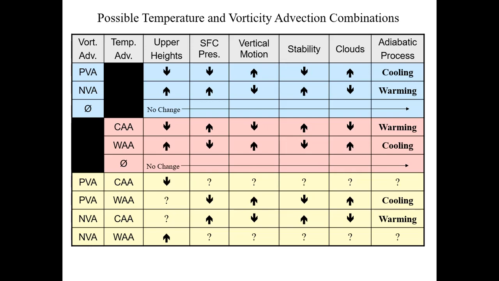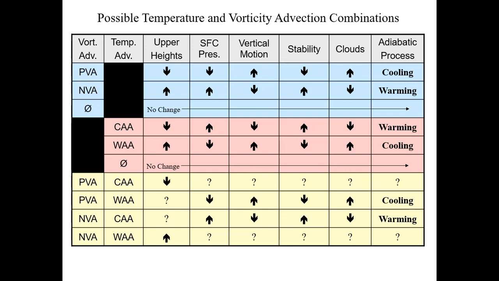So if I have just PVA alone, I'm in the very top row. All right, see, vorticity advection is PVA. My temperature advection is the black blank block. So I only have PVA. In this case, my upper heights are going to lower or fall. See, the arrow pointed down means falling. The arrow pointing up means rising.